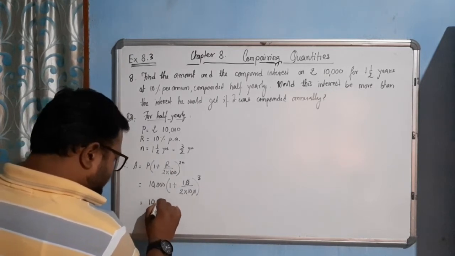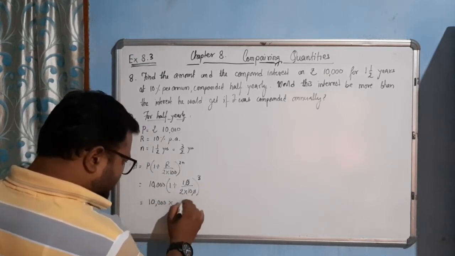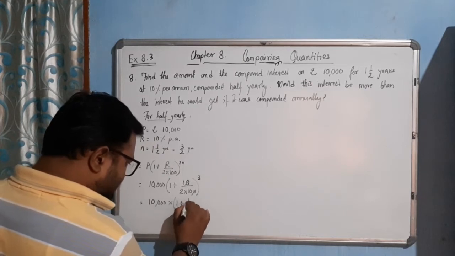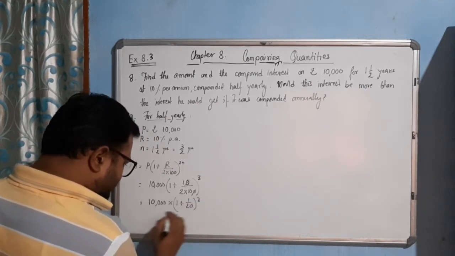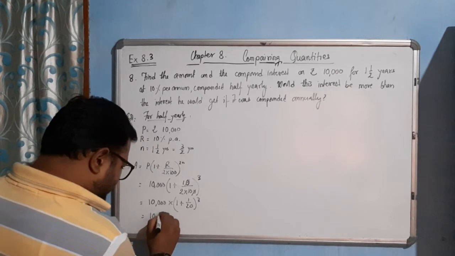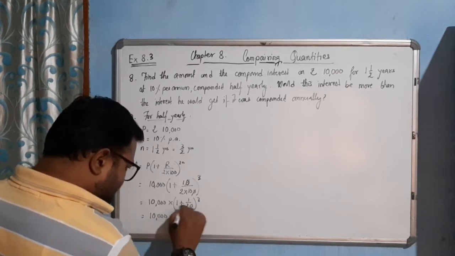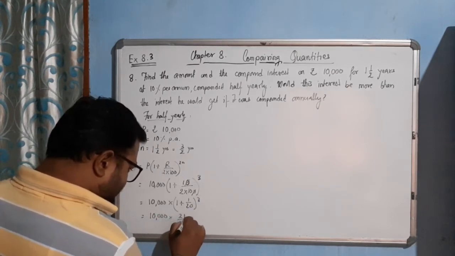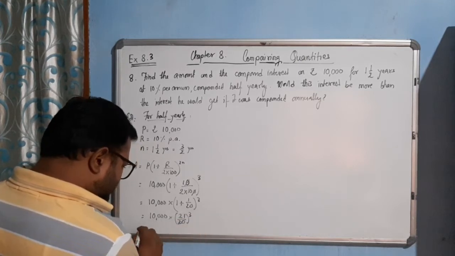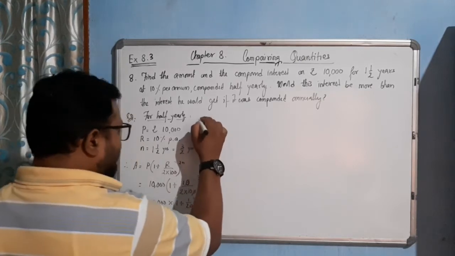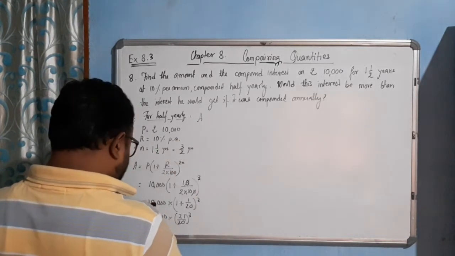So 10,000 into 1 plus 1/20 whole cube. It will be 10,000 into 21/20 whole cube.